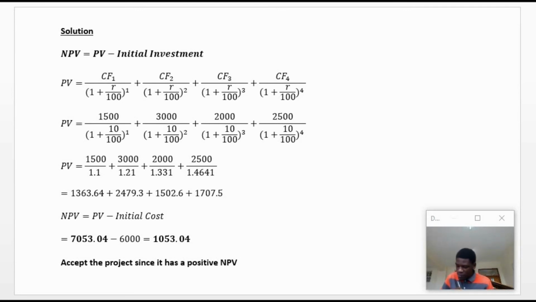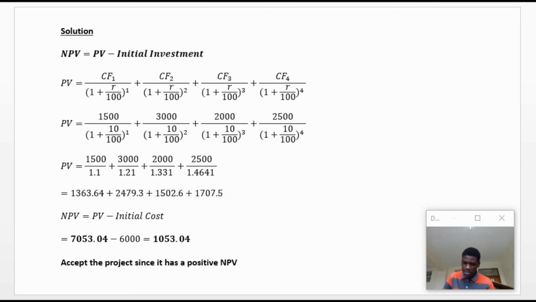Our cash inflow of year 3 was 2,000 divided by 1 plus 0.1 raised to power 3. And our last cash flow was 2,500 divided by 1 plus 0.1 raised to power 4.